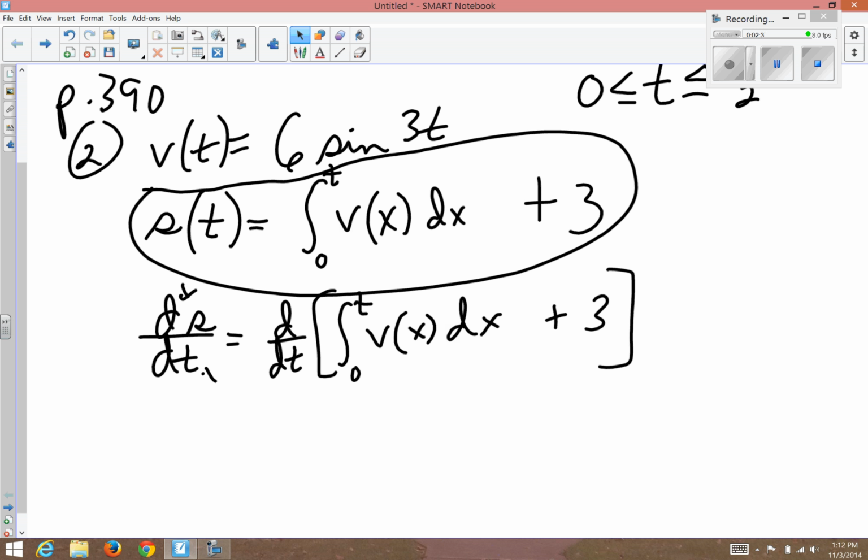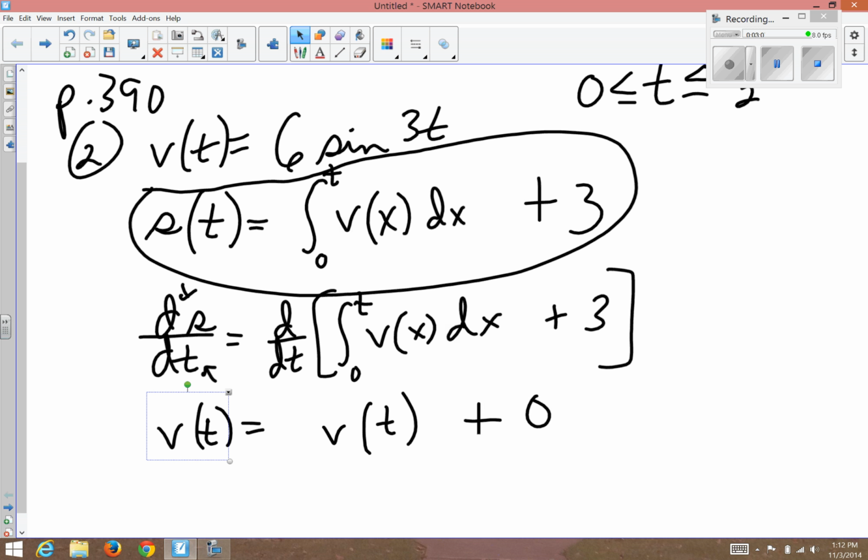Meters up there, seconds down there. The units for this would be meters per second, so we can call that the velocity function of time. And then by the fundamental theorem of calculus, the derivative of this antiderivative of v of x dx is v of x will exit, and whatever's up here will go in place of the x. And we have this 3 over here, but the derivative of 3 is 0. So since this is true, v of t equals v of t.